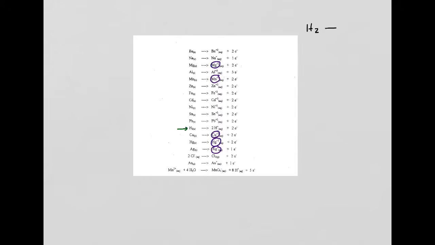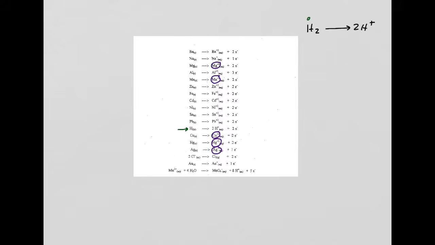If I have H2, what is going to happen to H2? H2 is going to become H plus. What happened to hydrogen? The oxidation number of H2 is 0. That's a diatomic molecule. Diatomic molecules have an oxidation number of 0.